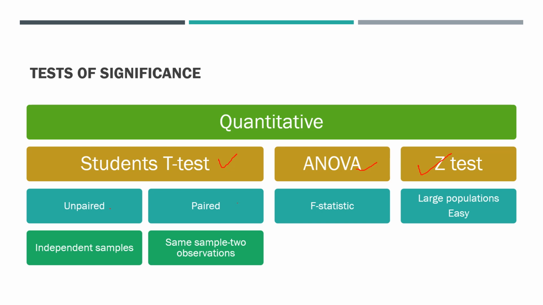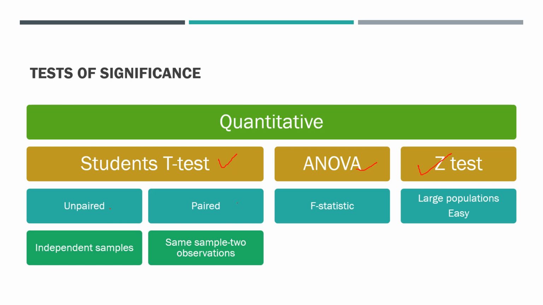So what do you mean by unpaired and paired? You have two groups. Okay. Same insulin example, if we take group A with old drug, group B with new drug, both are independent samples and you are applying student's t-test. Clear? Paired sample is when the same population is giving two observations, meaning the same group of people, initially they used older insulin and after some time they are using newer insulin.